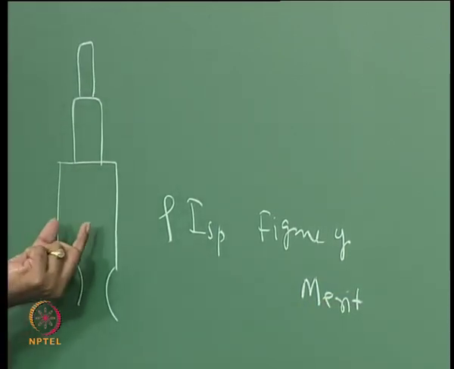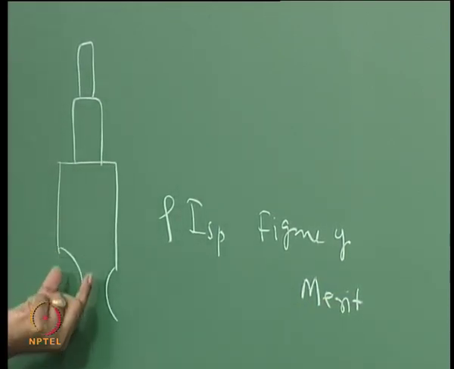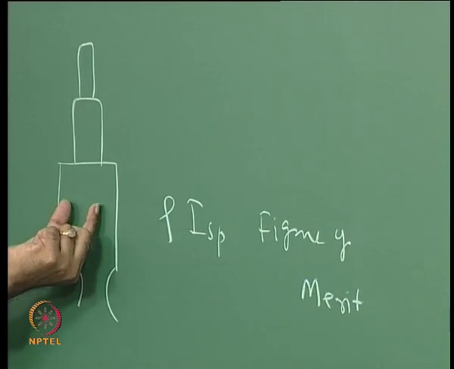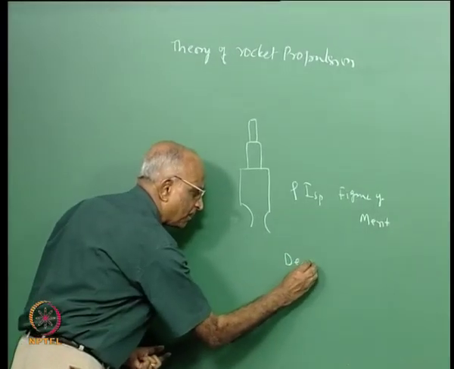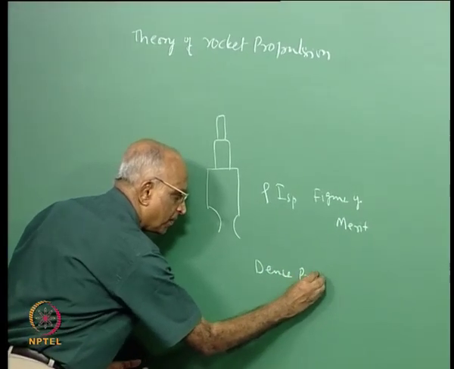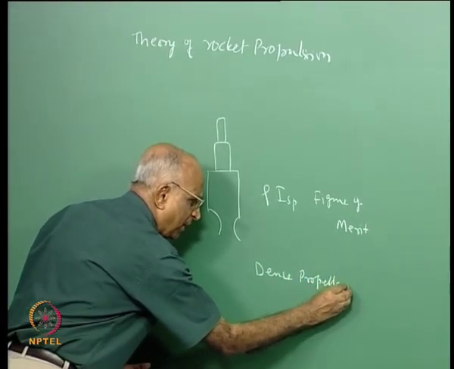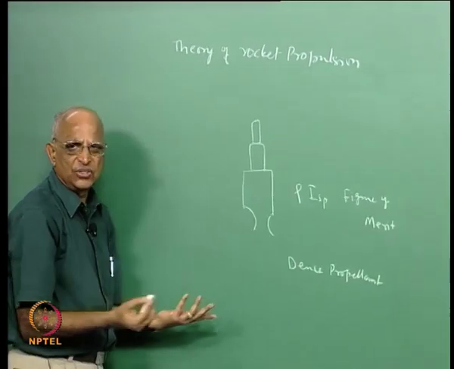Therefore, whenever I choose the booster stages, that means the stages which first start off, it is essential to use what we say is dense propellants. What do we mean by dense propellants? Propellants having higher density.